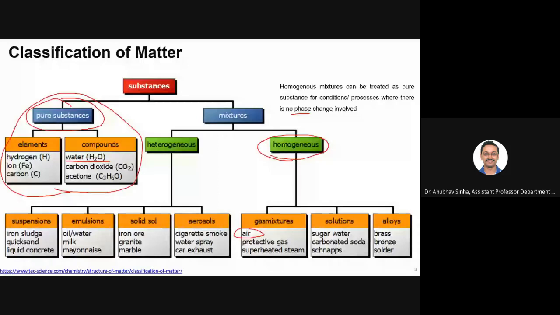Okay, we can also talk about sugar solution, or let us say salt in water. And alloys are also example of homogeneous, but we'll not deal with alloys. We'll limit ourselves to let us say superheated steam, air, and water solutions. Okay, we'll also talk about refrigerants, which are basically pure substance only.